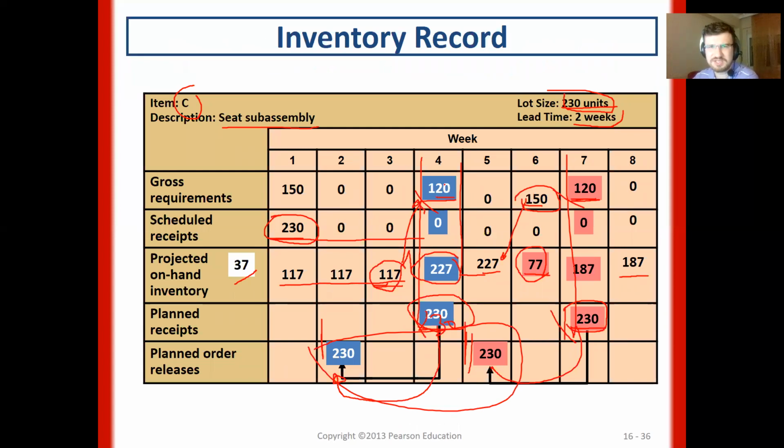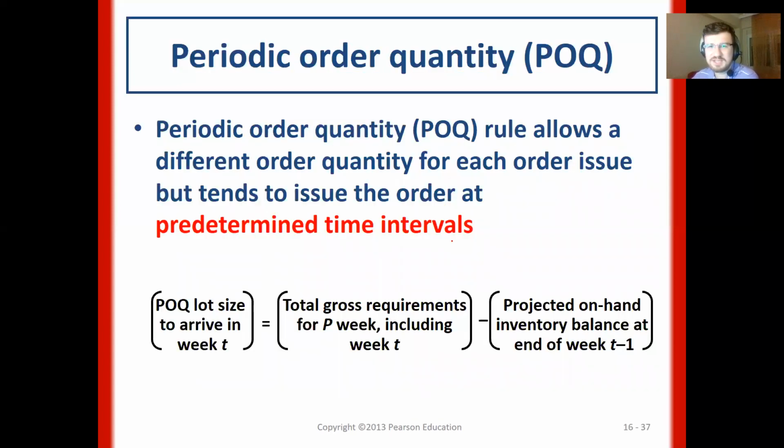The second policy is periodic order quantity. As you can understand from its name, instead of fixing the quantity, we fix the period. So every P periods, we give an order as long as there is a requirement.